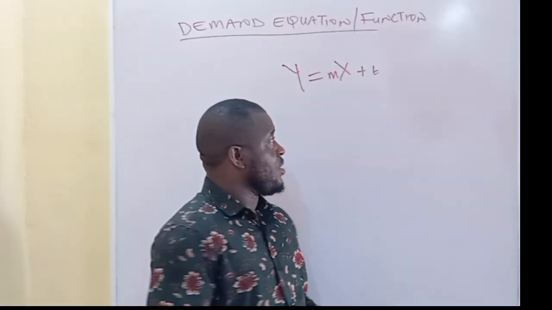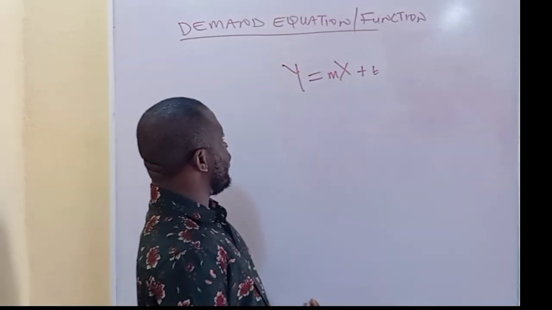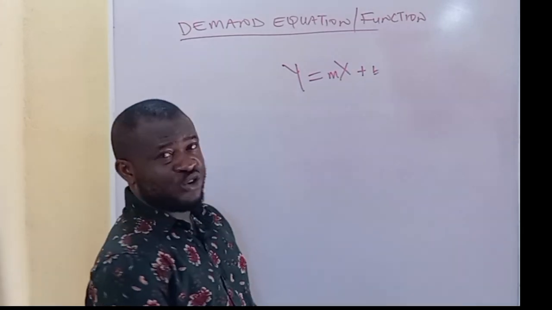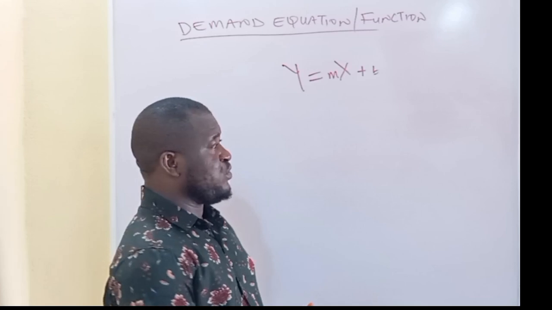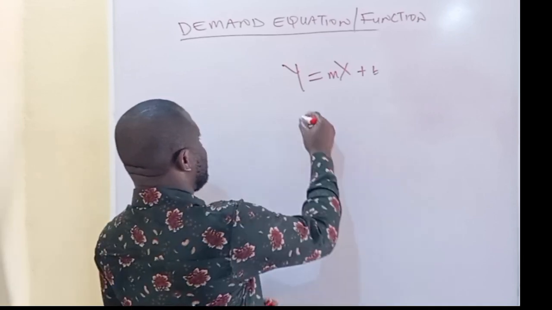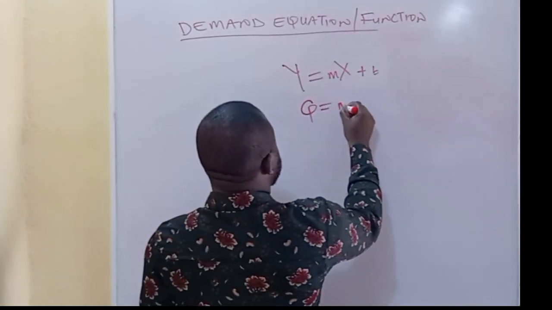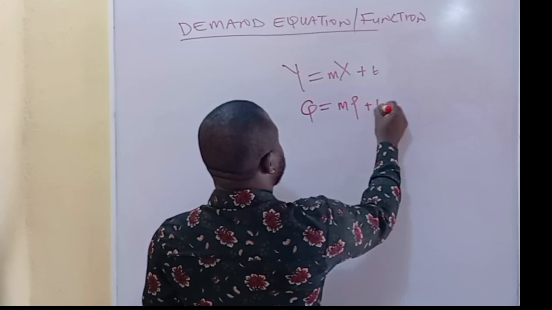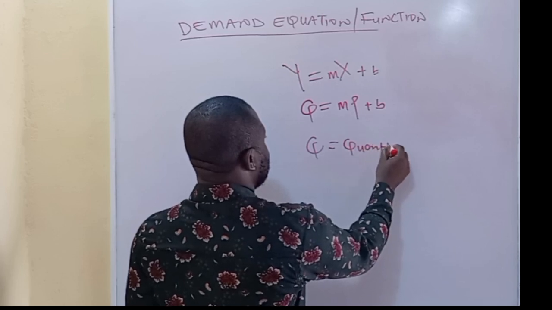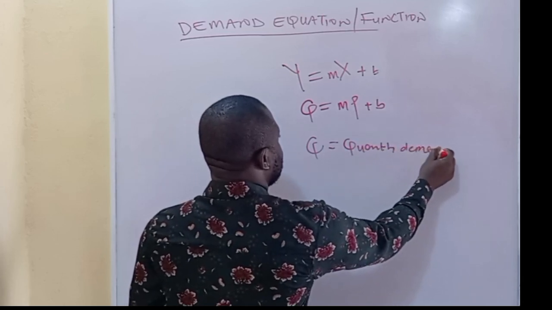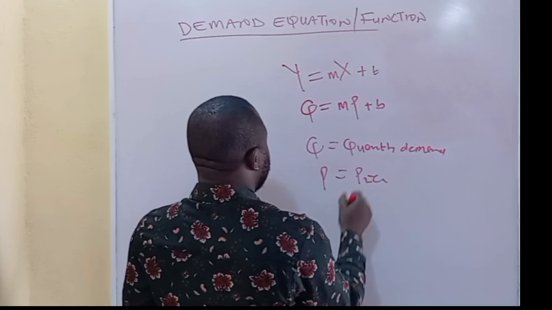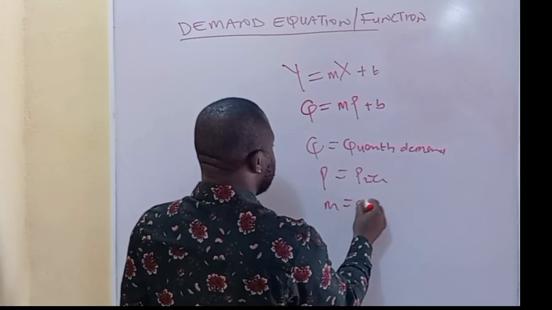From the given equation of a straight line, we can deduce the demand equation form simply by using the alphabets that are closely related to demand. Hence, we can have Q equals MP plus B, where Q represents quantity demanded and P represents the price, while M represents the slope.